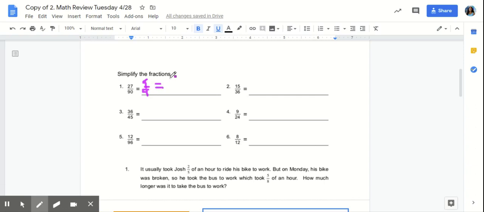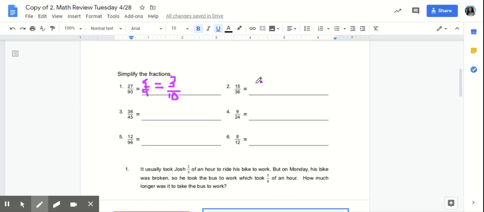So my simplest fraction would be 3/10. I divided my numerator and my denominator by 9, which was a common factor between the two. And then I got 3/10 as my simplified fraction.